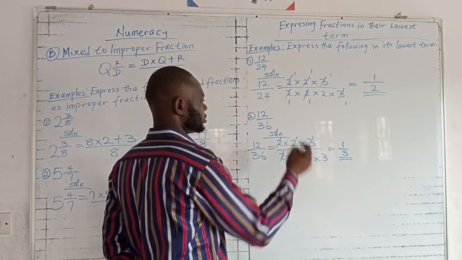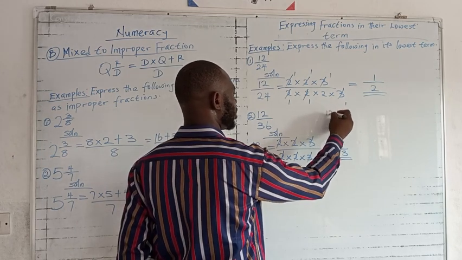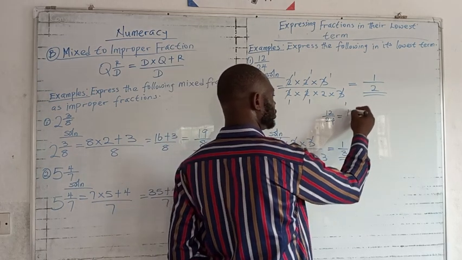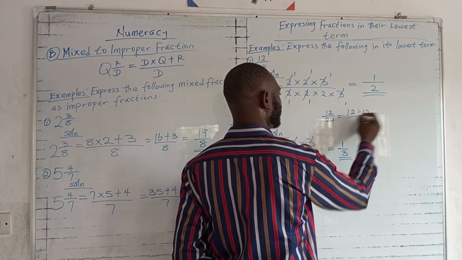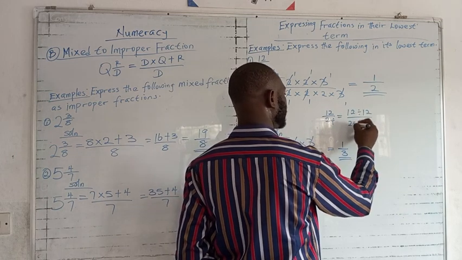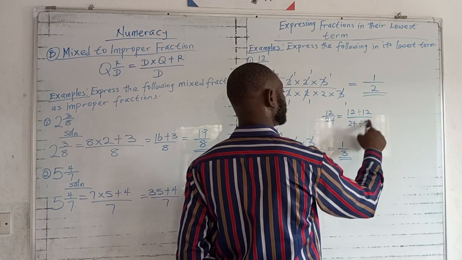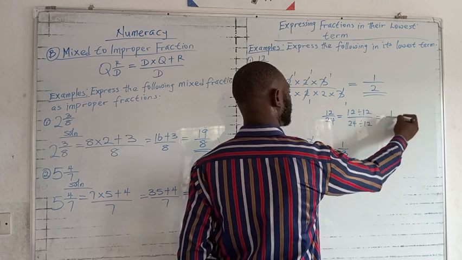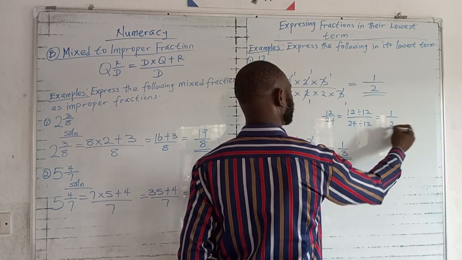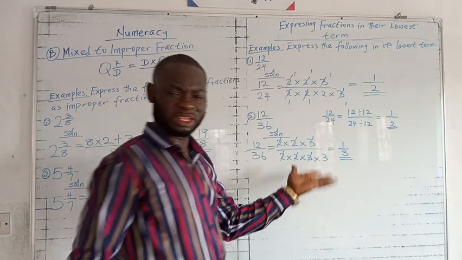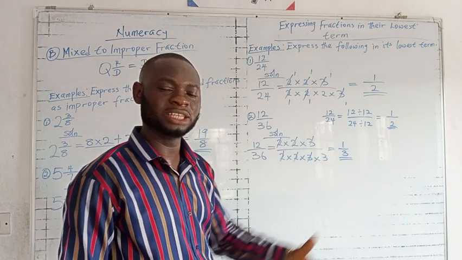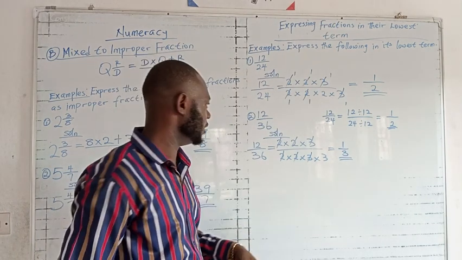So you notice that when we now have 12 over 24, what we now do is 12 divided by 12 over 24 divided by 12. 12 divided by 12 is what? 1. 24 divided by 12 is what? 2. So this is method 2. You can find the HCF of the two numbers and divide the two numbers by their HCF.